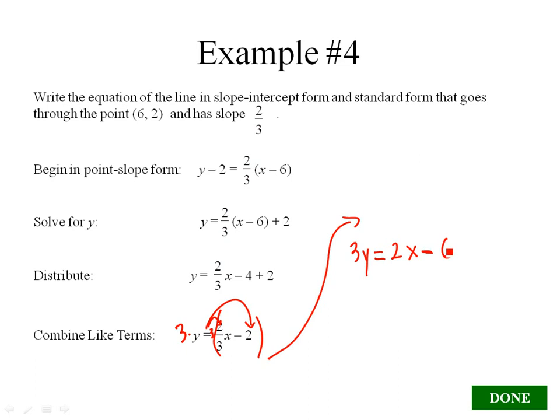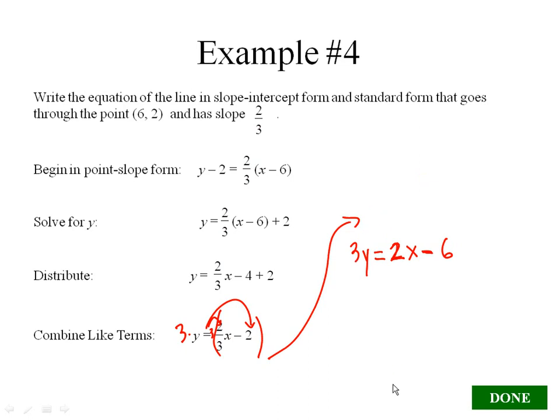Alright, now we need our x and y to be on the same side. However, we need the 2 to stay positive. We can't move the 2x on the left side. That would make it negative 2x, and we want it to be positive 2x in order for it to be in standard form. That's why I will add 6, so 6 can go on the left side, and I'll subtract 3y, so 3y can go on the right side.